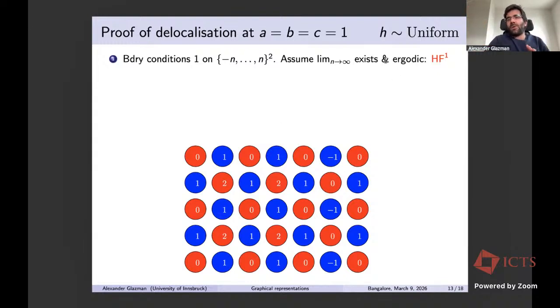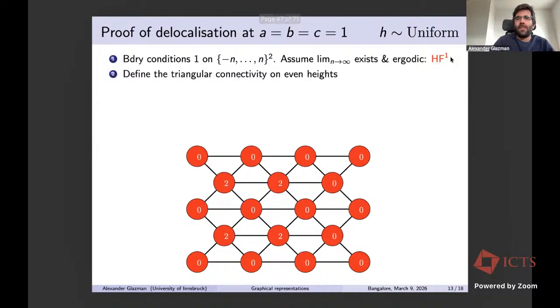And for now, we assume ergodicity. In fact, this is a non-trivial statement, which I will comment on later on, but so far we just assume it. This gives the height function HF1, the measure under 1 boundary conditions. Now we'll look only at even heights, but we'll look at them in the triangular connectivity. These are the red heights in triangular connectivity.